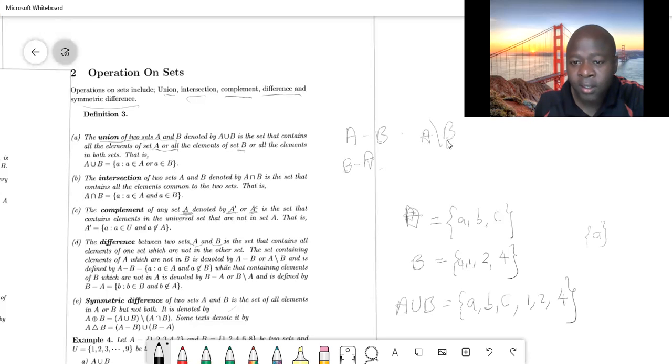This means A minus B, and this also means B minus A, a set of elements which are in B but not in A.